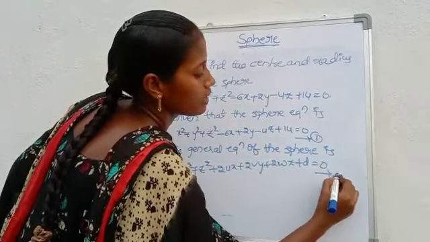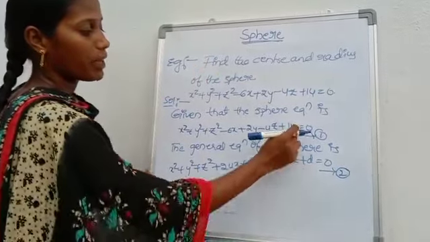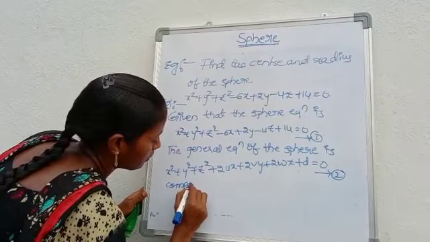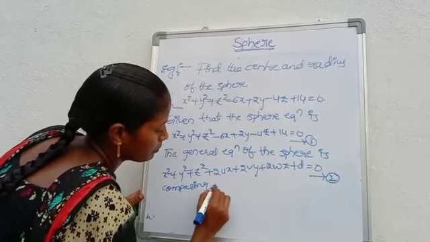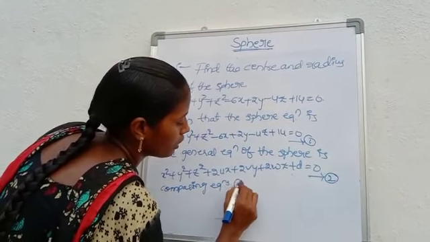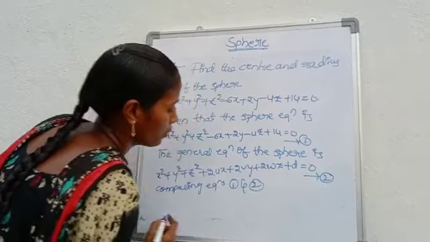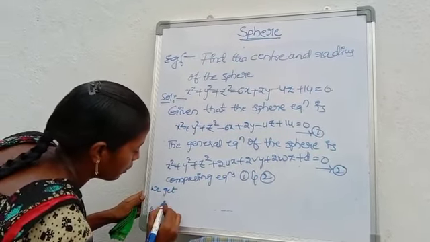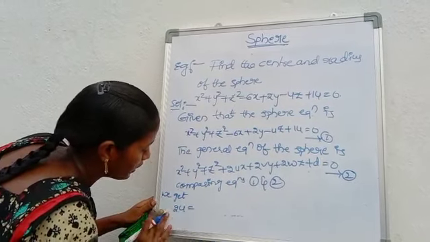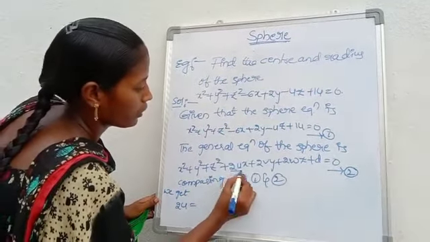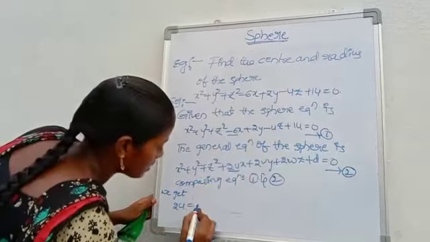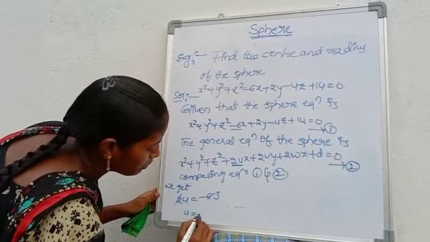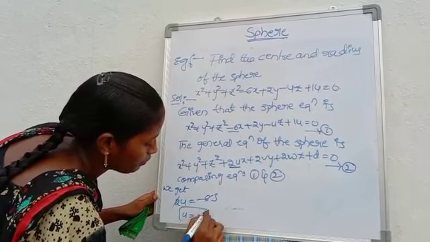This is equation 2. Comparing equations 1 and 2, we get 2u equals minus 6. 2 ones are 2, 2 threes are 6. So u equals minus 3.